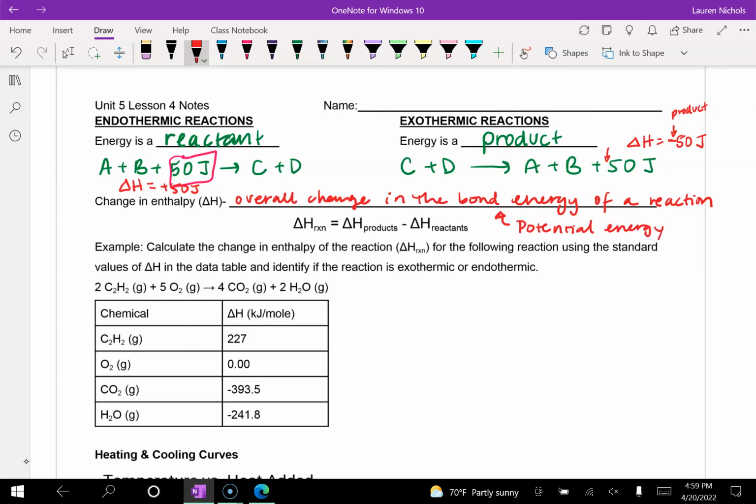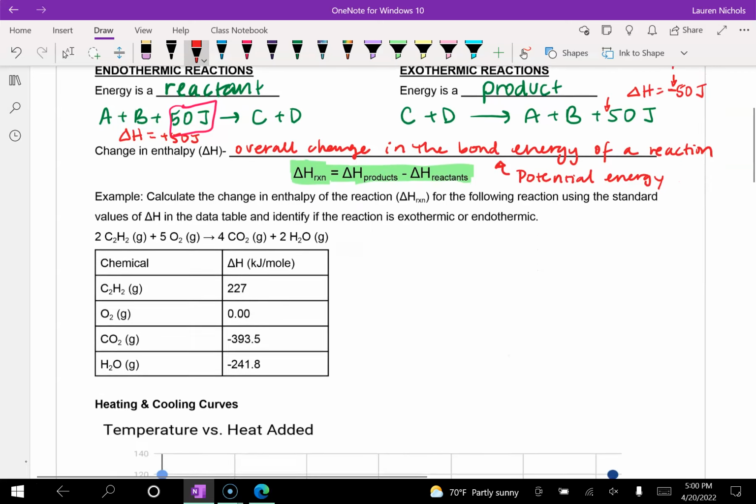And so the formula for this is that the delta H of our reaction, the change in that bond energy, is equal to the change in energy of my products minus the change in the bond energy of my reactants.